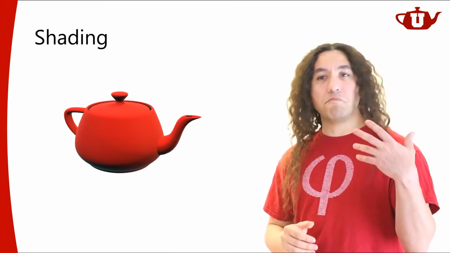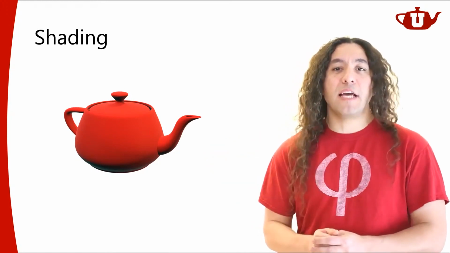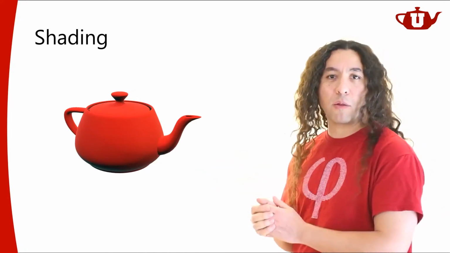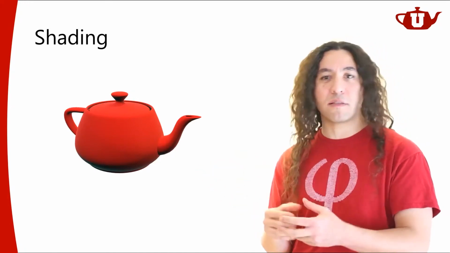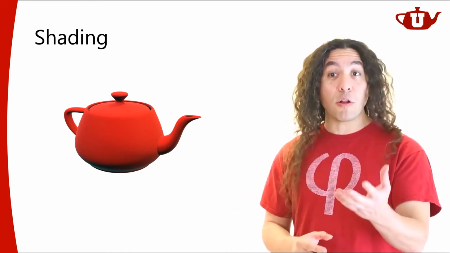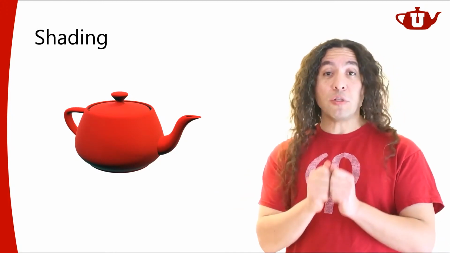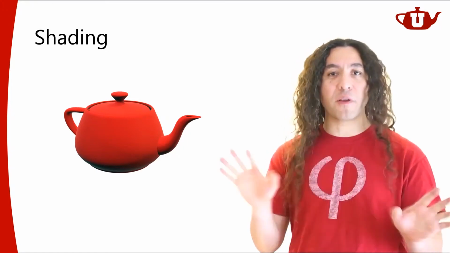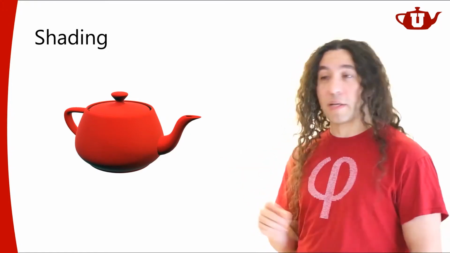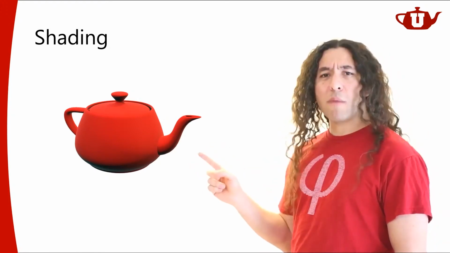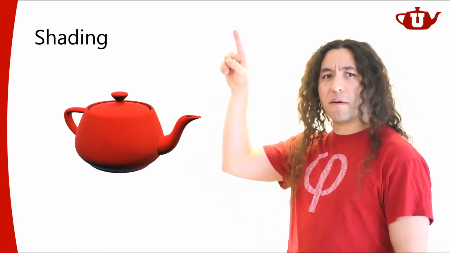So you may or may not have paid attention to how things look in the real world and what parts of objects are darker and what parts of objects are brighter. But you all have a very good intuition about how light works. Even if you haven't ever thought about this, you have a very good intuition. And you can tell by looking at this, it's like, probably there's light above, right?